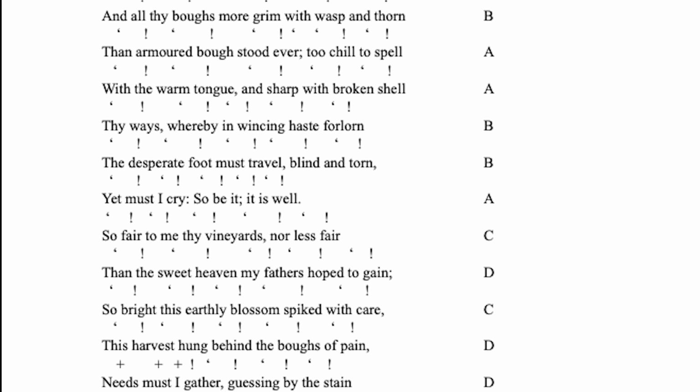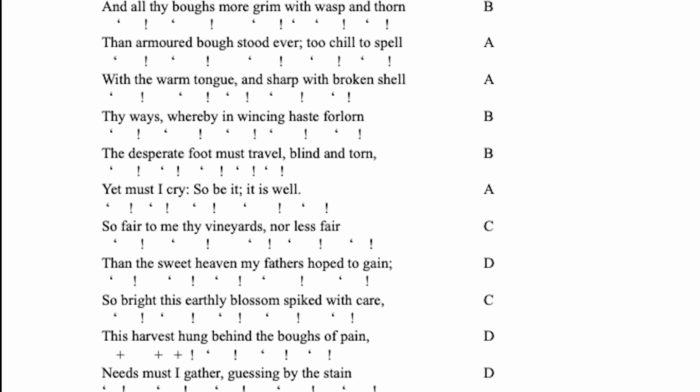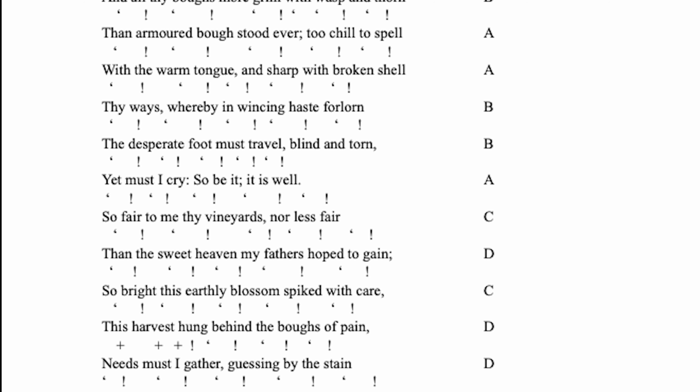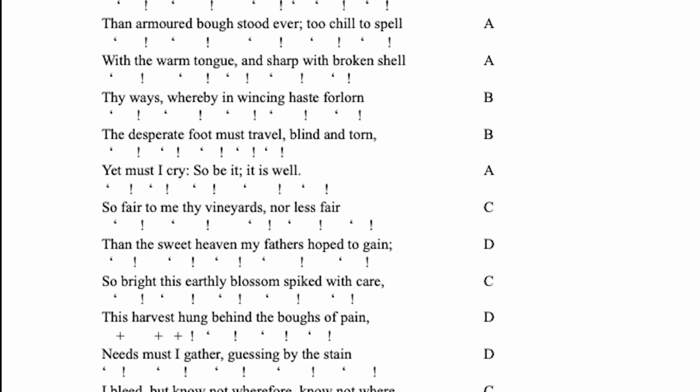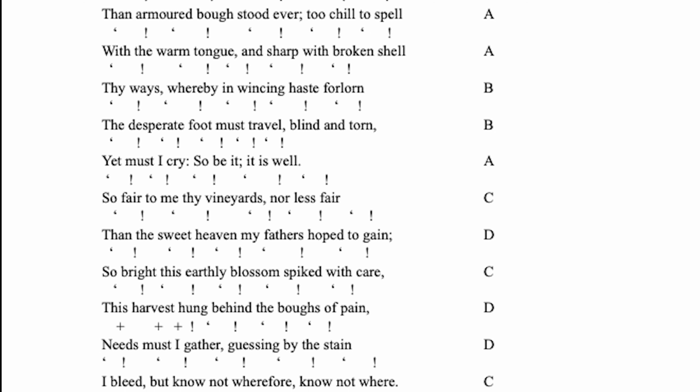So that's constant in the Petrarchan sonnet. Those first 8 lines always have those 3 couplets, and then the split couplet at the beginning and the end.